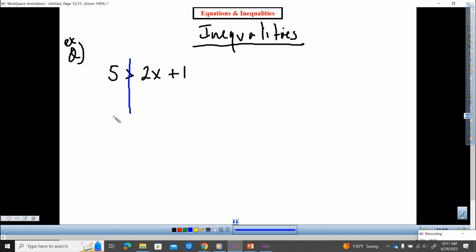What was the first step from the 4? Simplify. So let's simplify the right side. Can we simplify the right side anymore? No. The left side, no. So step 2, isolate. That means we need to leave the x by itself. Minus 1, minus 1. We're left with 4 greater than 2x. I still need to isolate, so I need to divide by 2. Divide by 2. So 2 is greater than x.